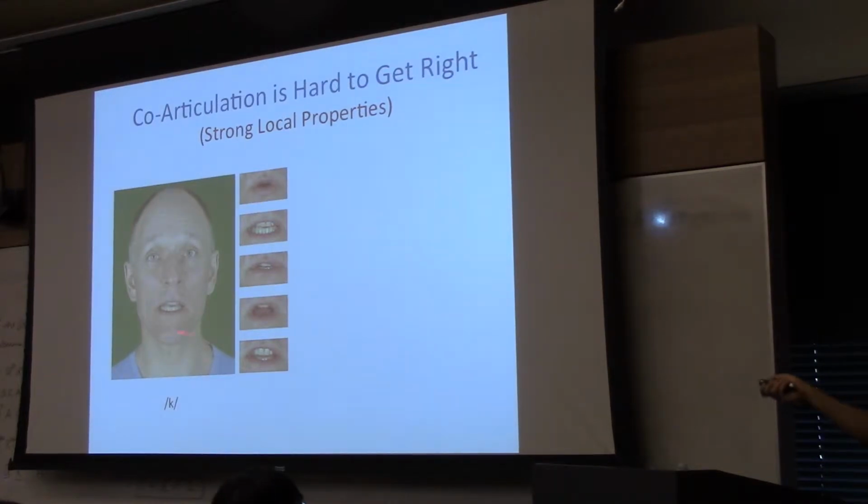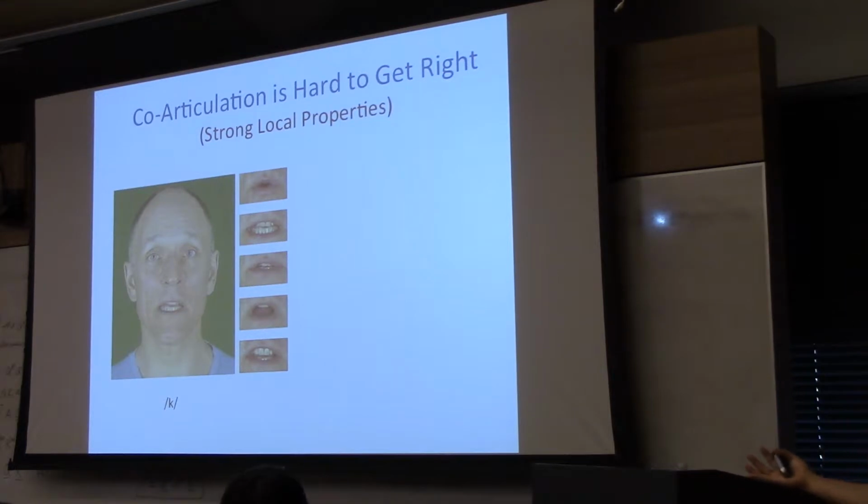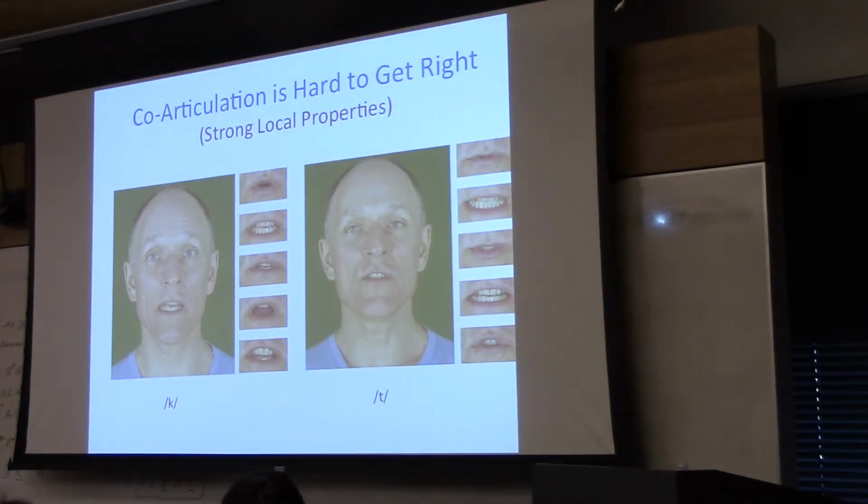Each of those lower face configurations would correspond to a very different configuration in our face model, or a very different set of 30 numbers. But they're all the same phoneme, right? The reason they're very different is the local curvature induced by the surrounding syllables. Here's a different example.